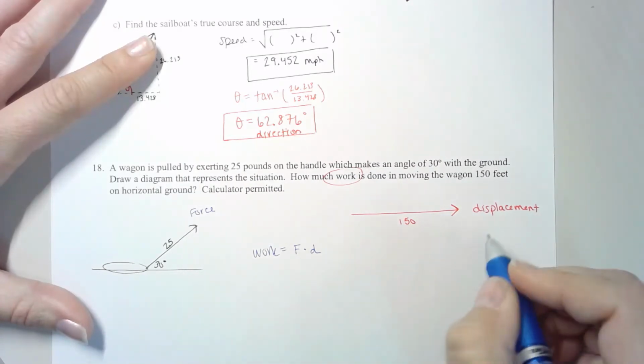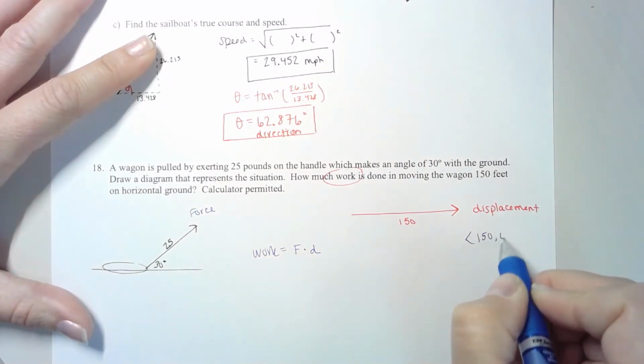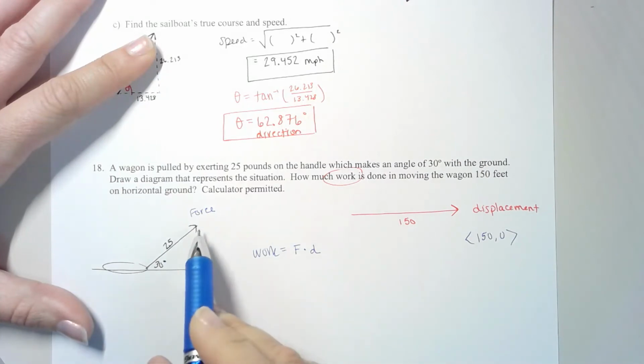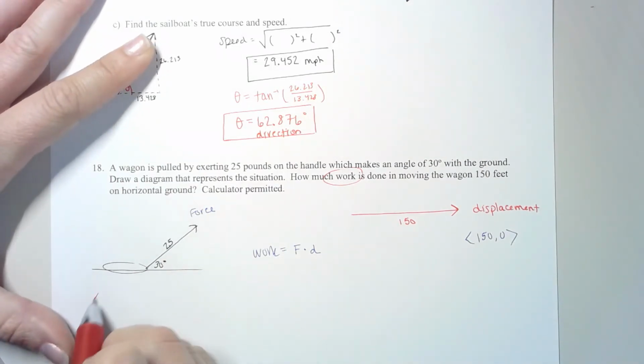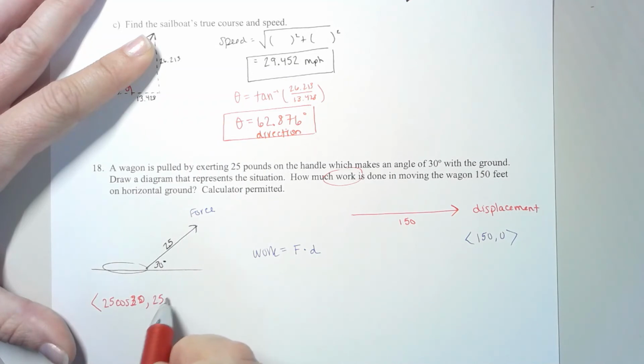Well, our displacement vector, that's the easy one, right? We need to go find our force vector. Well, we've got the magnitude and the direction, so let's see. We've got 25 times the cosine of 30 degrees and 25 times the sine of 30 degrees.